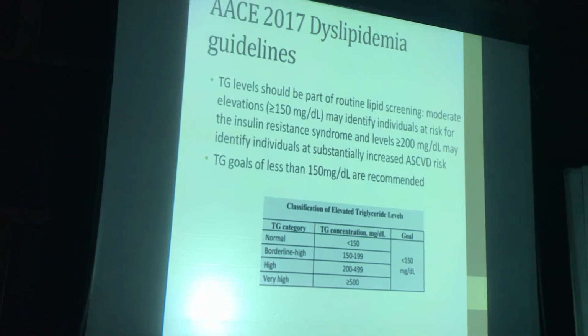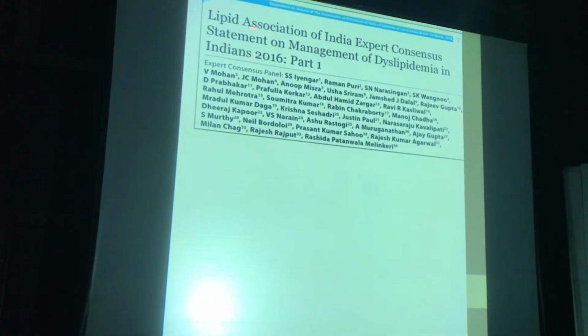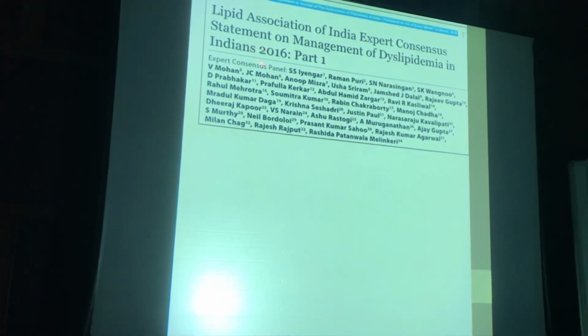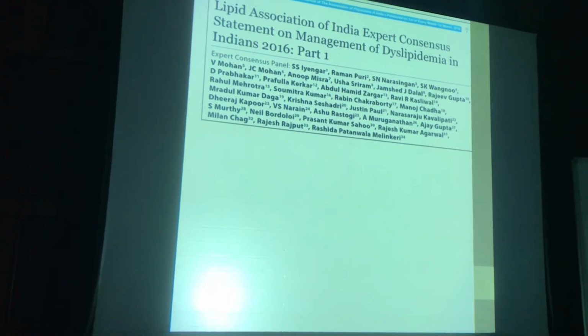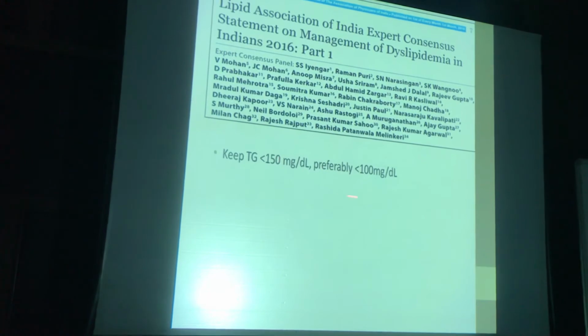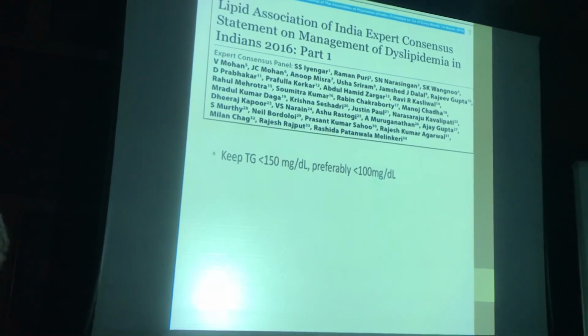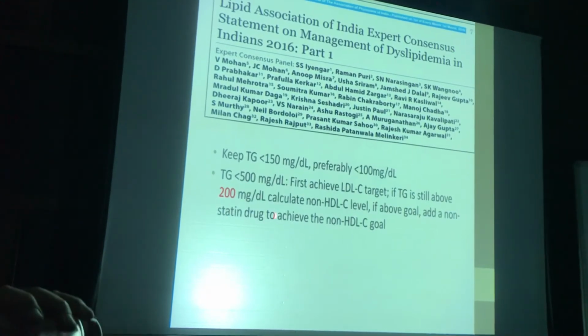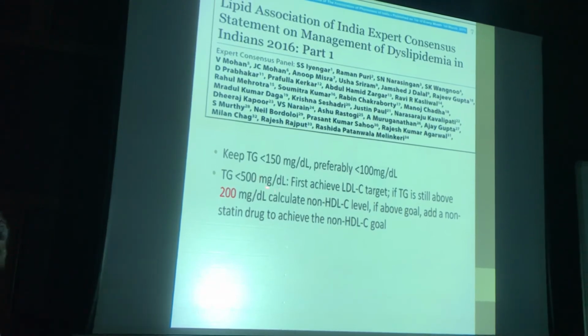The Lipid Association of India Expert Consensus 2016 also recommends the same: keep the triglyceride less than 150 milligrams, preferably less than 100 milligrams percent, and treat triglyceride of more than 500 milligrams.